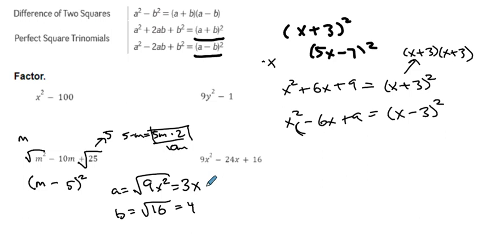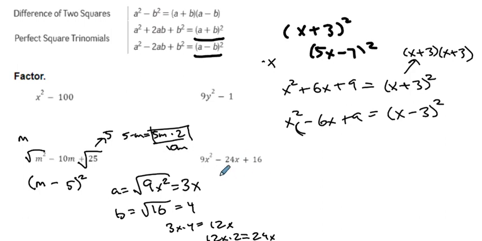Now multiplying together, 3x times 4 gives me 12x, and now double it, because that's what the 2ab means. 12x times 2 is 24x. And do I have 24x?